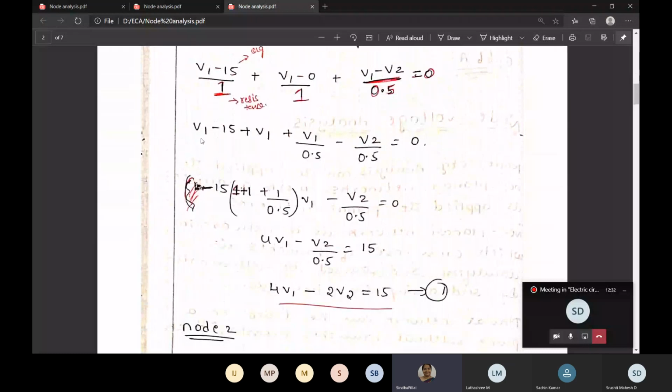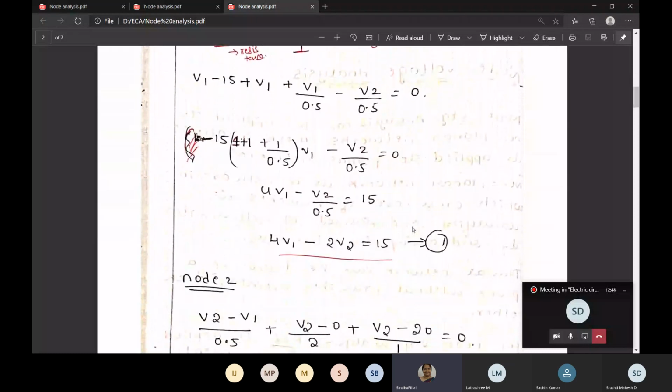Then bring all the V1 terms to one side: 1 plus 1 plus 1 by 0.5, all are V1 terms, and V2 is V2 divided by 0.5. So the value of this is 4V1 minus V2 by 0.5 is equal to 15. Simplify it, you will get this equation: 4V1 minus 2V2 is equal to 15, which is our node 1 equation.